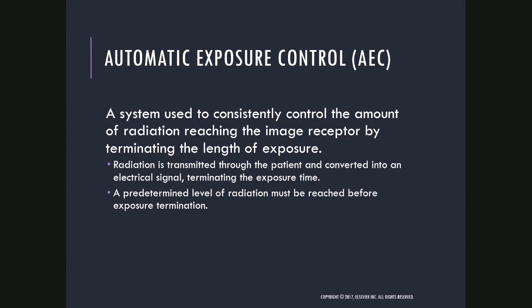What happens is there's a detector. We'll talk about exactly what kind and how they work in just a second. But there's a detector, and it measures how much radiation is transmitted through the patient and reaches the detector. And once it gets as much radiation to the detector as it needs, it's going to stop the exposure.